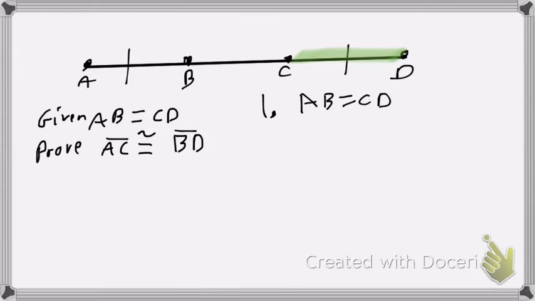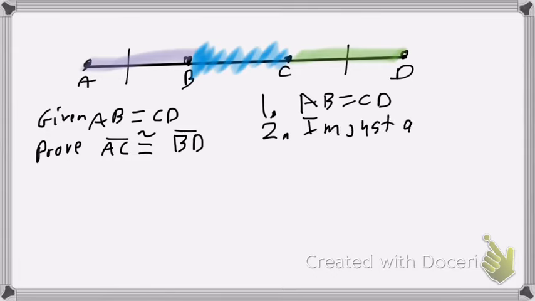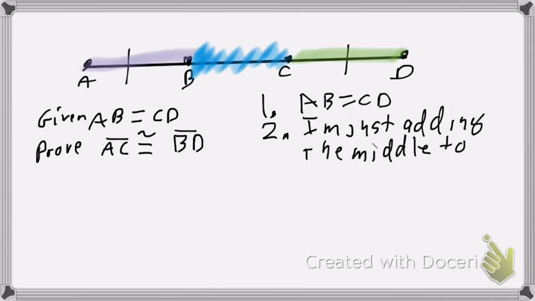So I know that these two are the same. So I'm going to draw one in green, and let's go purple today, and one in purple. So I know that those two are the same. I also know that if I'm looking at it, that middle area right here, the one that I just did in blue, well, I'm just adding the middle to both sides.